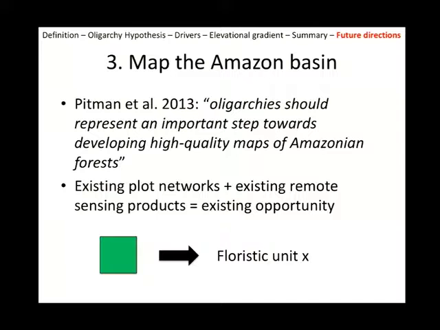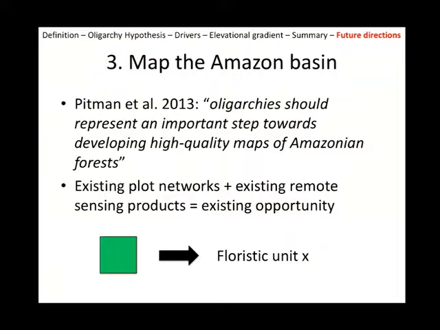They cannot give you a list of species or anything like that, but they may be good enough to help detect shifts in the composition of the common canopy species. So the combination of these two things is what makes it possible to do this map.